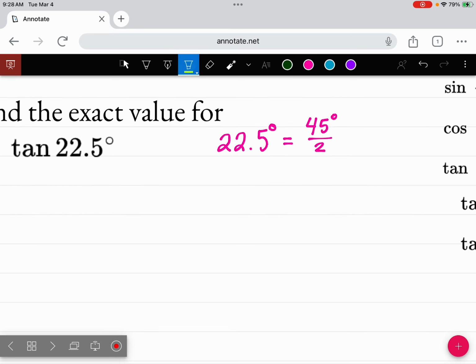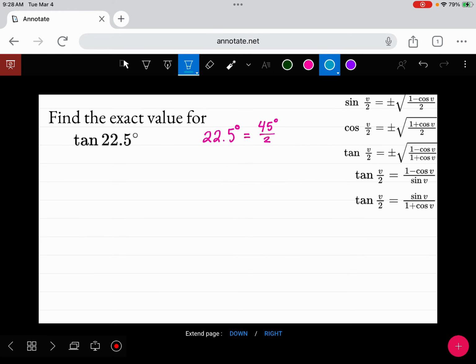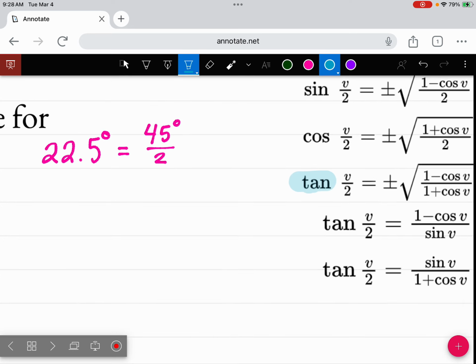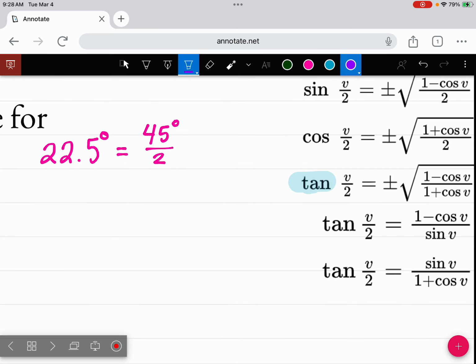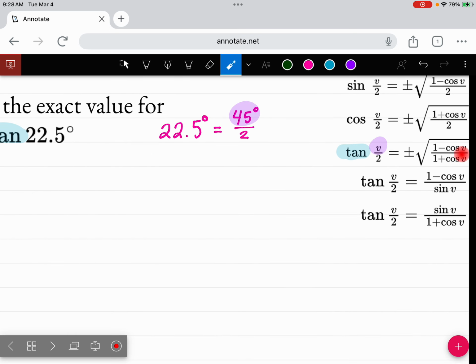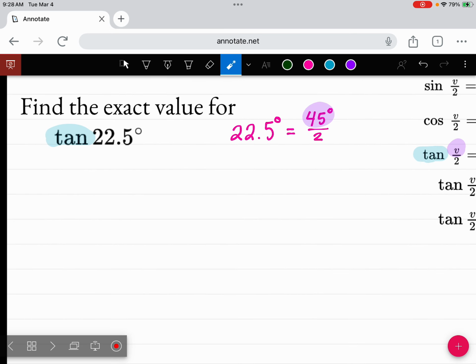When we're looking at our formula over here, where we're asked to find our tangent, our v is going to be our 45. So looking in here, we're going to fill in our pieces.